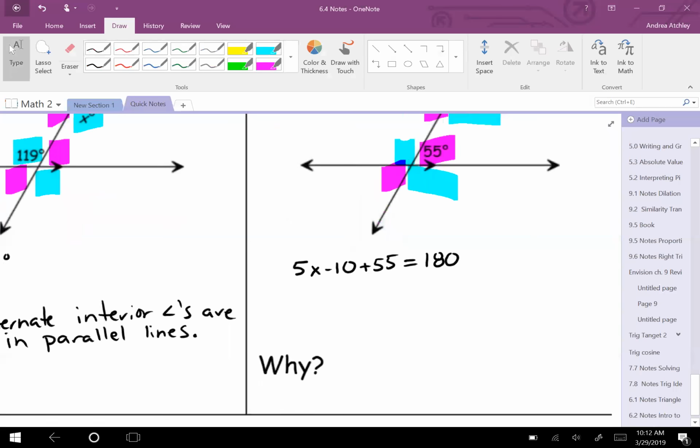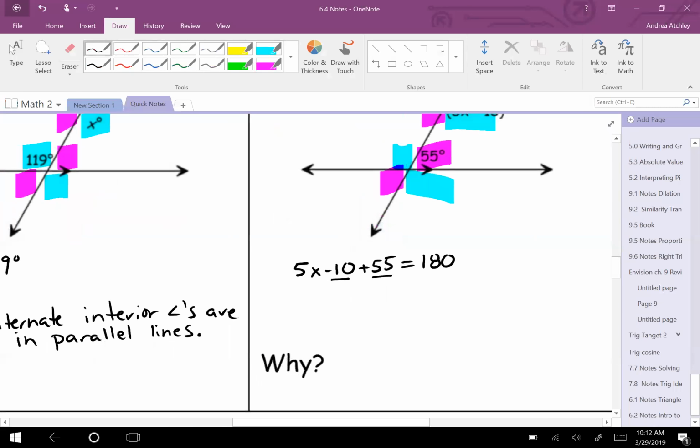Okay, you're then going to combine your like terms, this and this. That gives me 5x, negative 10 and 55 are opposite signs, so subtract and get 45. 5x plus 45 equals 180.